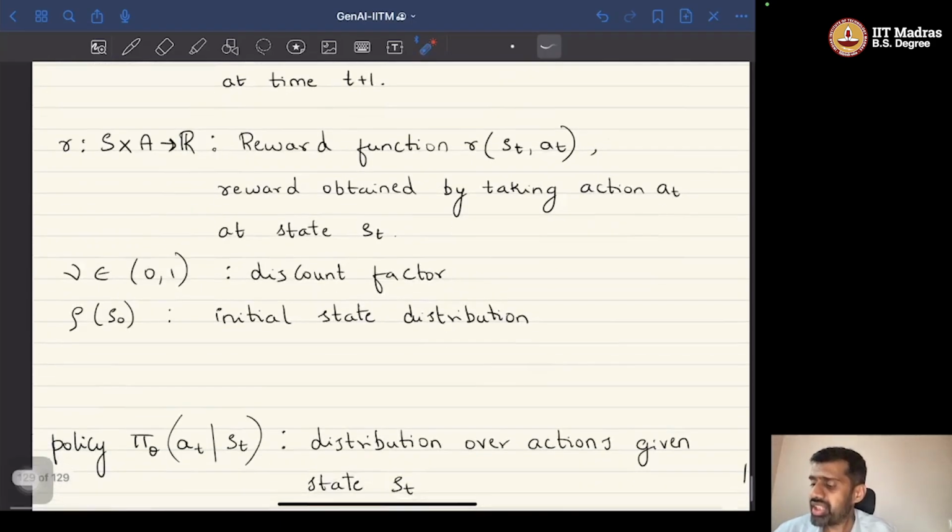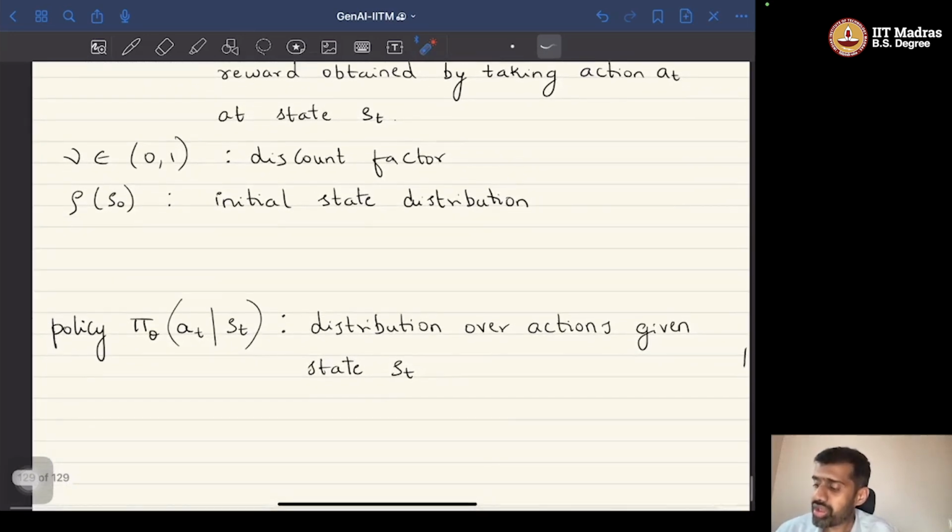Okay. So now with these, we also have what is called a policy, which is, as I said, the distribution over actions given state St. Let's say distribution over actions given state, right? Now this policy is parameterized by theta.